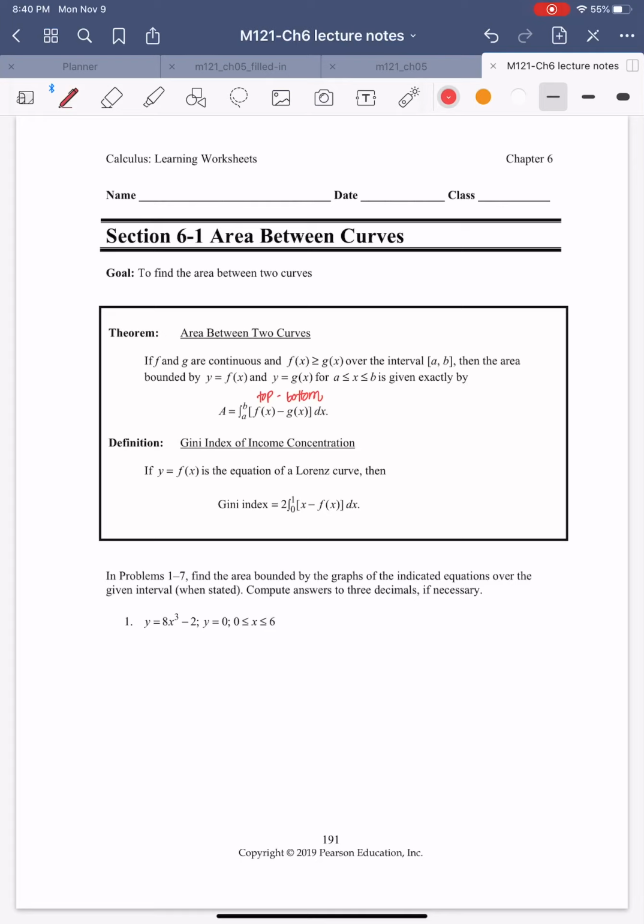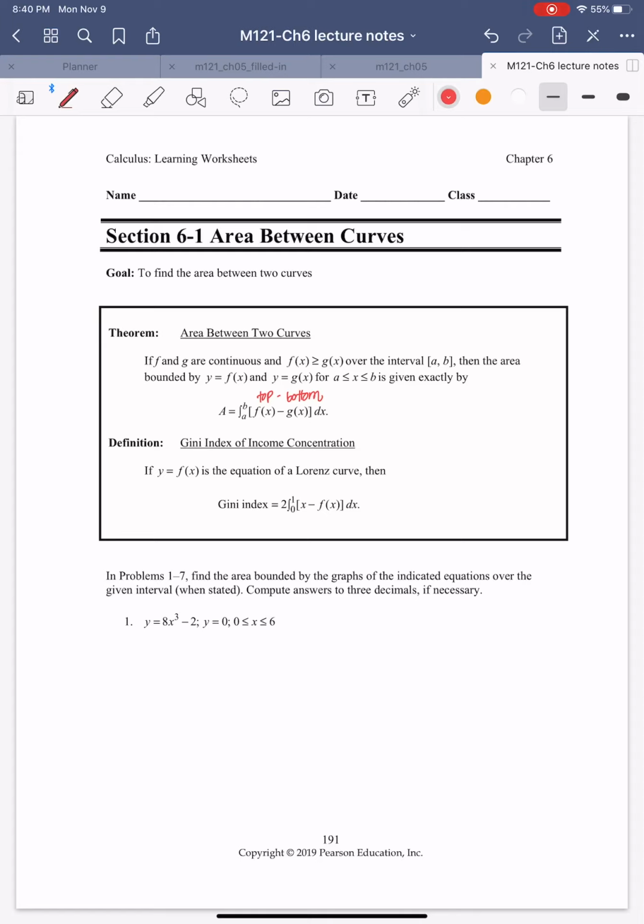And this is another definition, the Gini index of income concentration, which you can use for the application problem. The equation is twice the integral from 0 to 1 of x minus the function f of x dx. We'll use it if the problem requires the Gini index for the application problem.